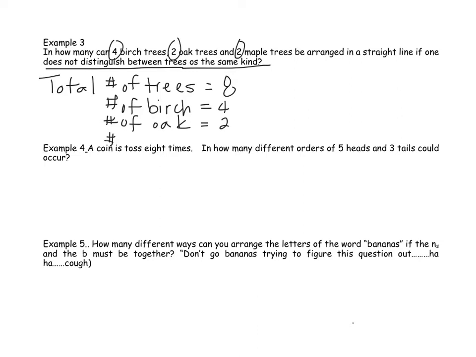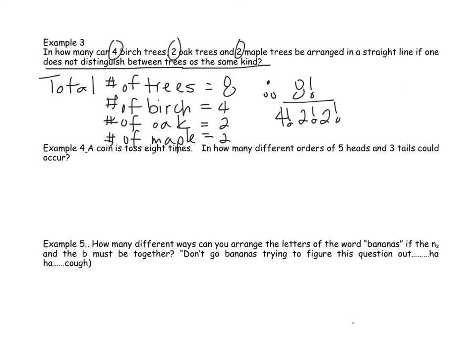And number of maple, which also equals 2. Okay, so we take a look at that, and we've got our total here. Therefore, we set this up as 8 factorial over 4 factorial, 2 factorial, and 2 factorial.